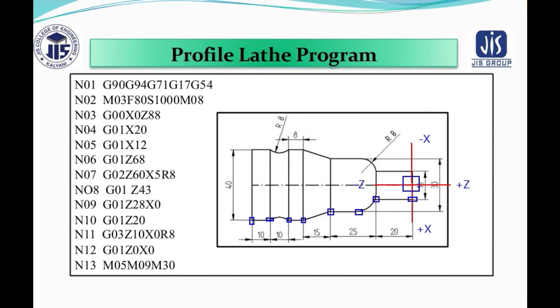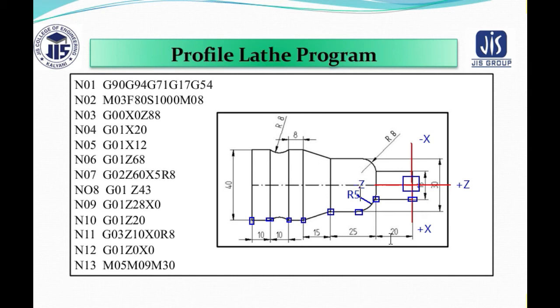Only one more thing you have to know is there is a circle. I mean to say there is an arc that has been generated. And you have to know the value of the radius. Suppose radius you consider 5.